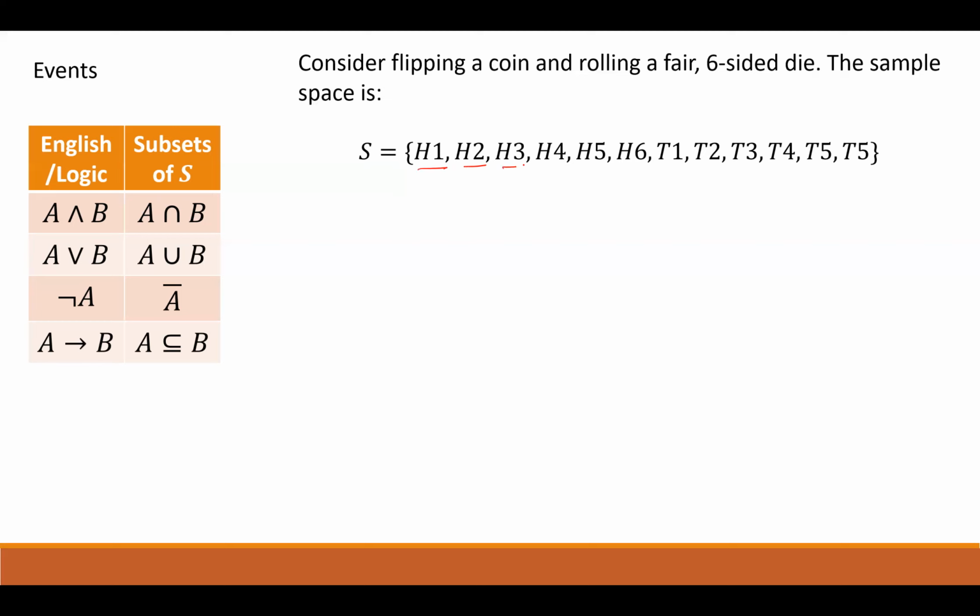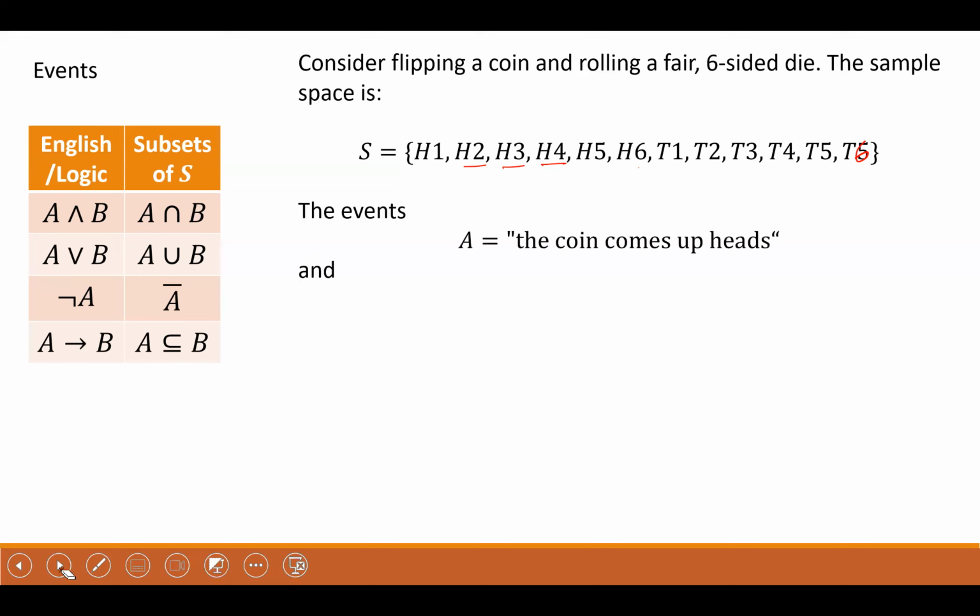These are all possibilities: I flip heads and then roll some value between 1 and 6, or I flip tails and then roll some value between 1 and 6. That's my sample space.